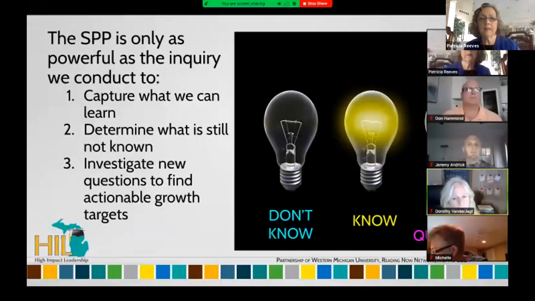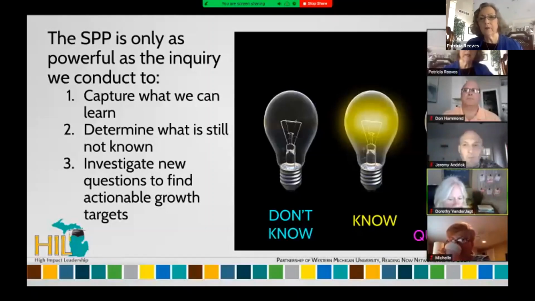And as we conduct that inquiry, the process that we're going to practice today will help us capture what we can learn from the data that's in front of us, determine what is still not known, and then figure out how to conduct investigation around these new questions that we're raising to find actionable growth targets. So as we think about this, every data set's an opportunity for a data inquiry conversation.